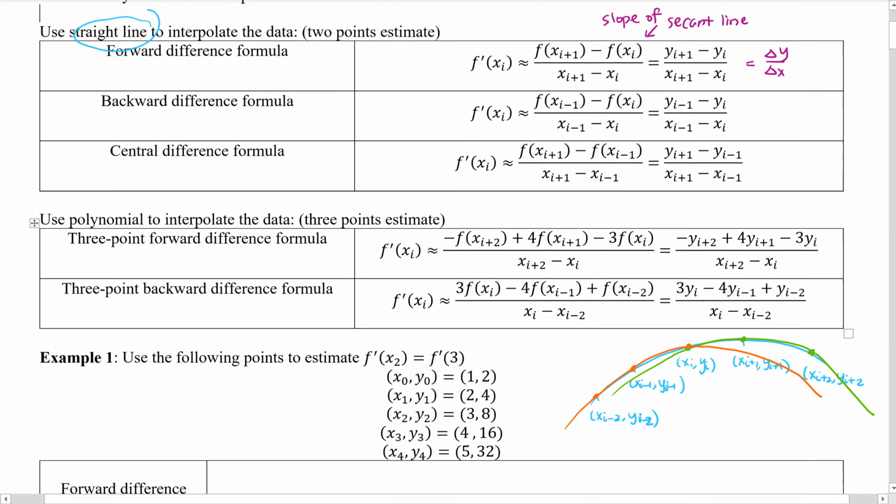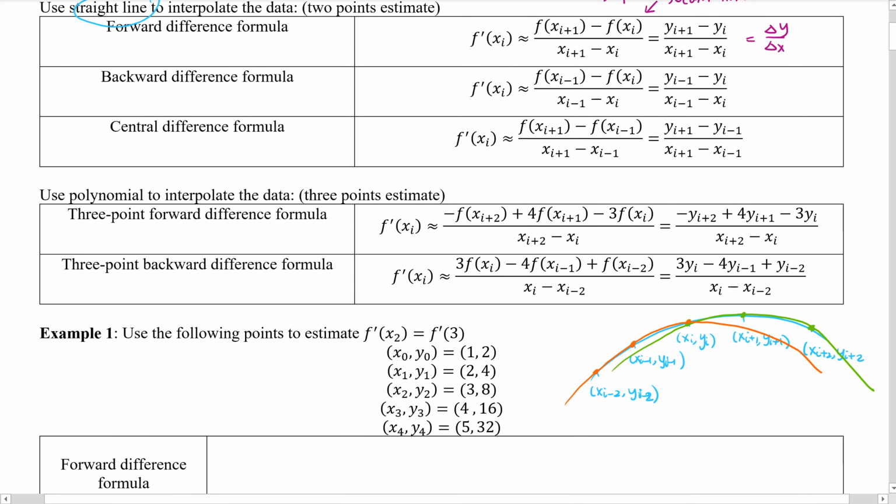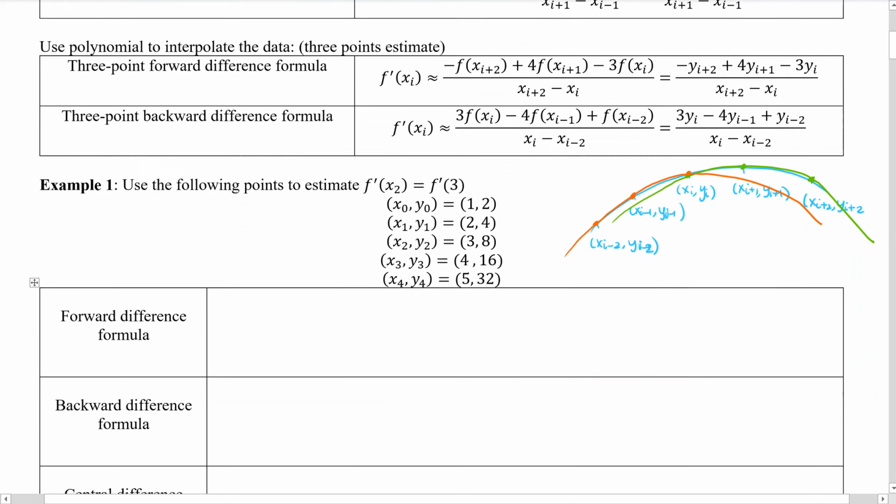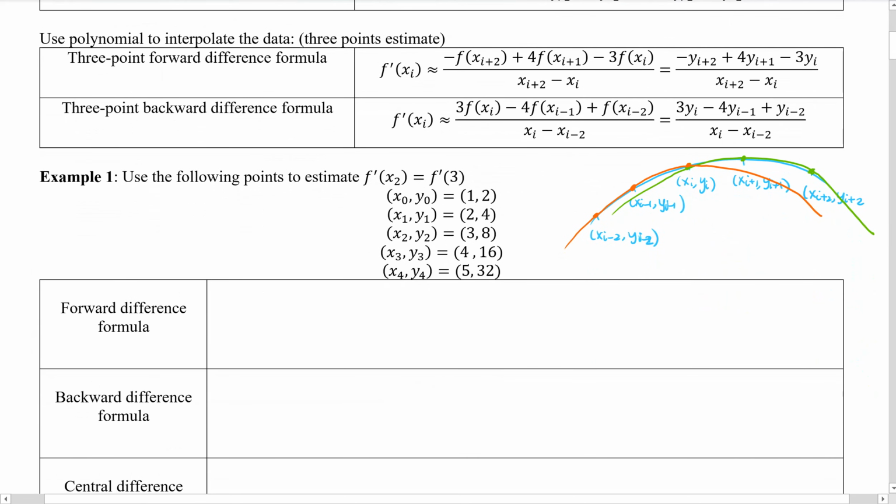Example 1. Use the following points to estimate f prime of x2, which equals f prime of 3. If we want to use the forward difference formula, because here we have 5 points and we're interested in f prime of x2, the forward difference formula includes the point and the next point.